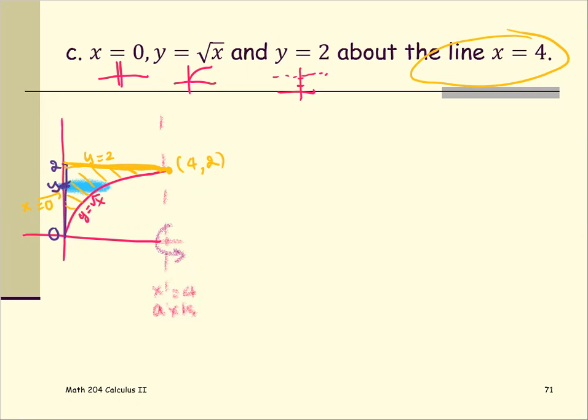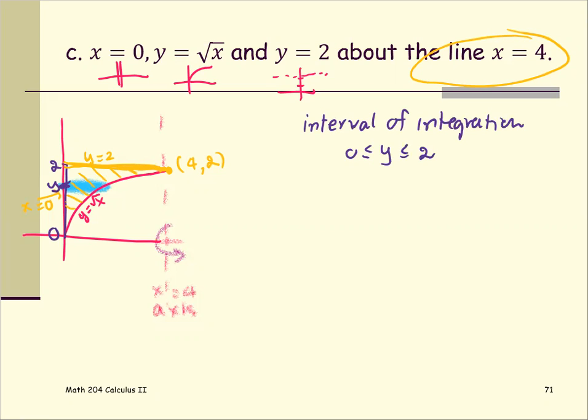Since the bar is going to move up and down within the region, the lowest y is going to be 0 and the highest y value is going to be 2. So we make a list of what we know so far: the interval of integration is y from 0 to 2.